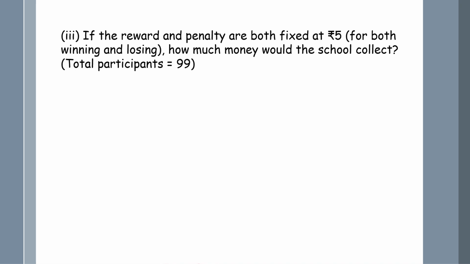If they win, they get rupees 5, and if they lose, they have to pay rupees 5. The probability is the same, so 11 can probably win and 88 lose.